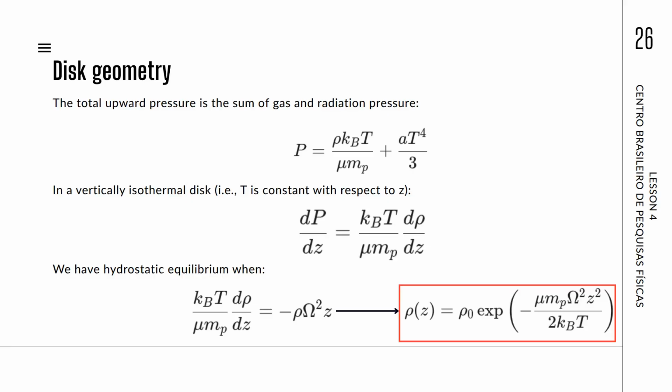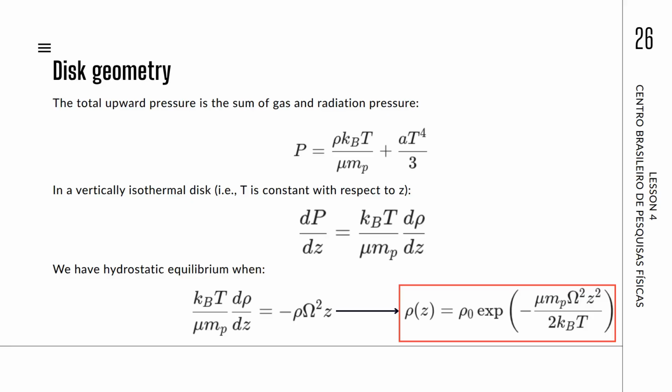But most importantly, we will assume that the temperature is constant in z. So for a given ring of the disk, we assume that the temperature is constant independently of the height of this ring. So when you take the derivative of this with respect to the z-axis, this is constant, goes off. Temperature will be a constant by assumption.